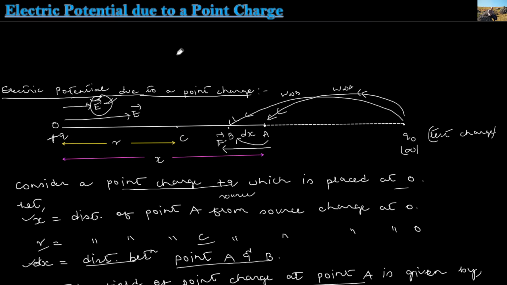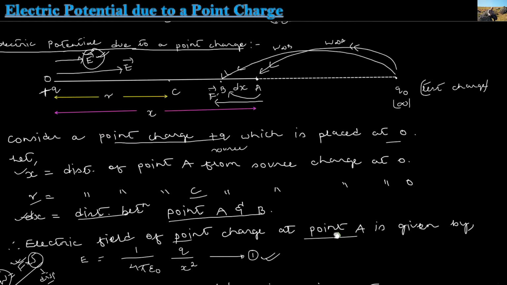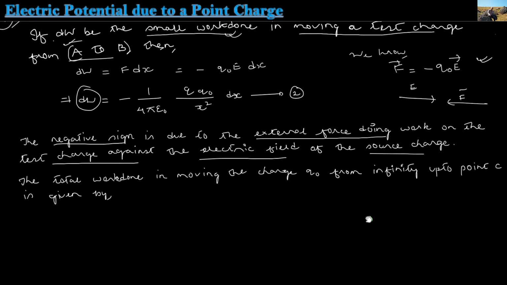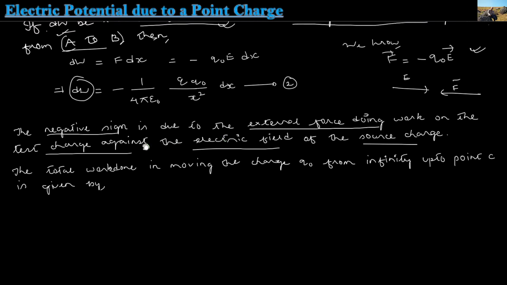If I divide this into small segments, each with displacement dx and corresponding work dW, then to find the total work you have to sum over all these small elements. Mathematically, I have to integrate the equation.